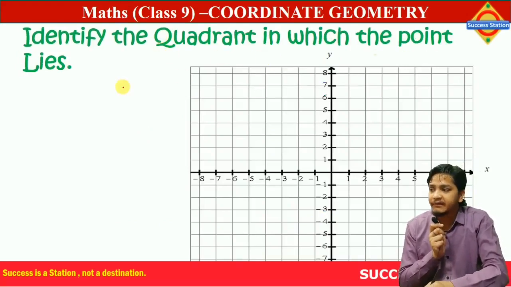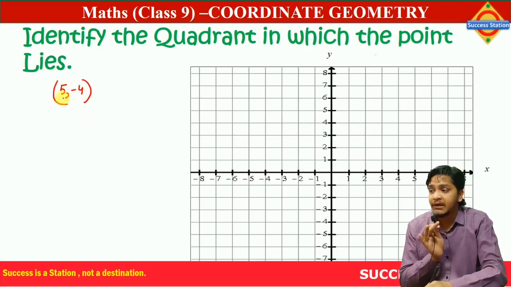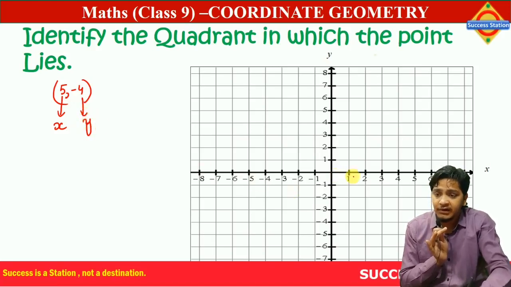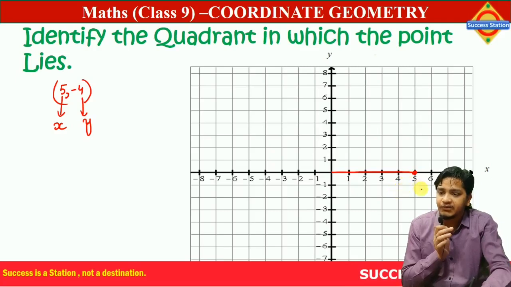Identify the quadrant in which the point lies, like 5 comma minus 4. Here x is 5 and y is minus 4. I travel horizontally 5, and vertically minus 4, so downwards.